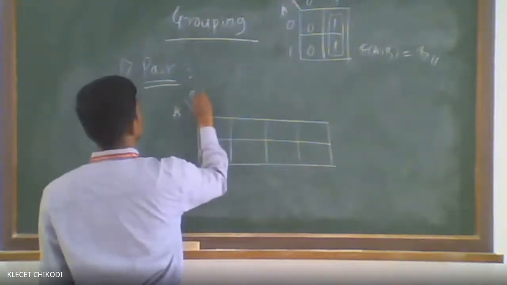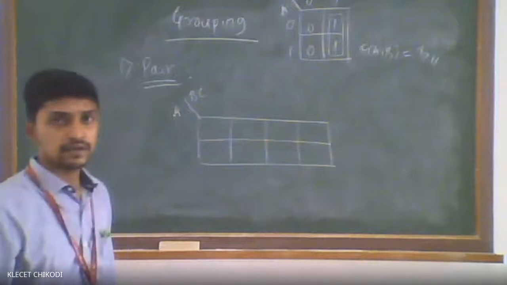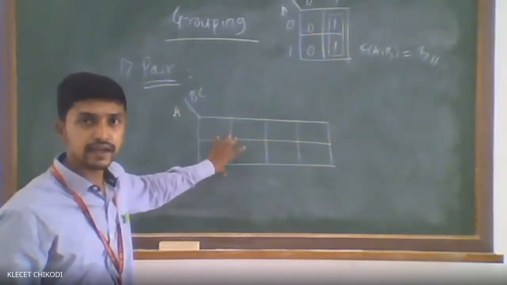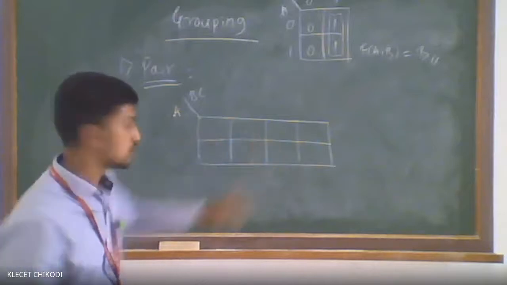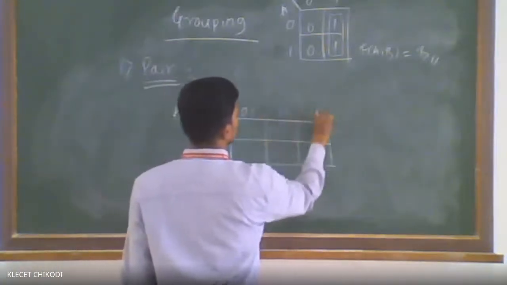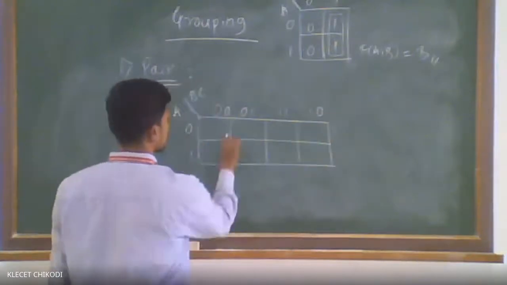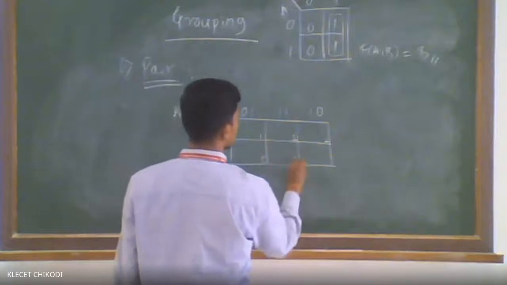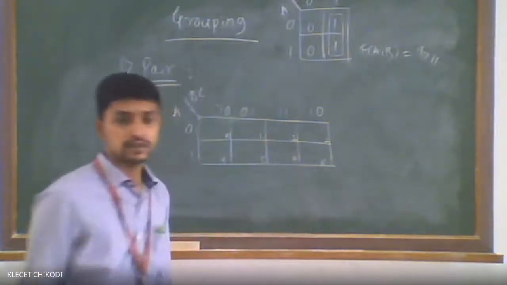So we consider A, B, C. For 3 variables, we have a total 8 cell K-map. In that 8 cell K-map, how to make a pair? You will see 0, 0, 0, 1, 1, 1, 1, 0 and 0, 1. Write the cell numbering 0, 1, 3, 2, 4, 5, 7, 6.